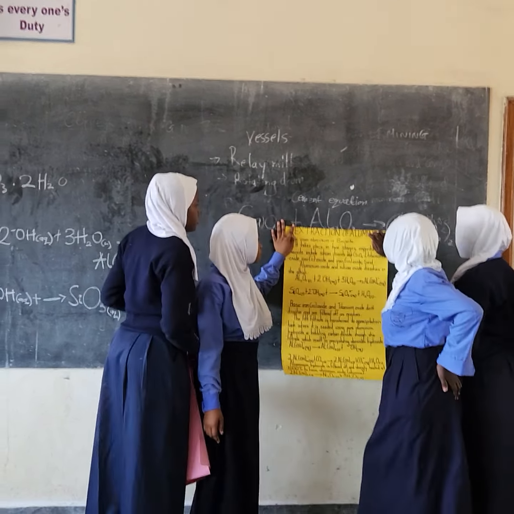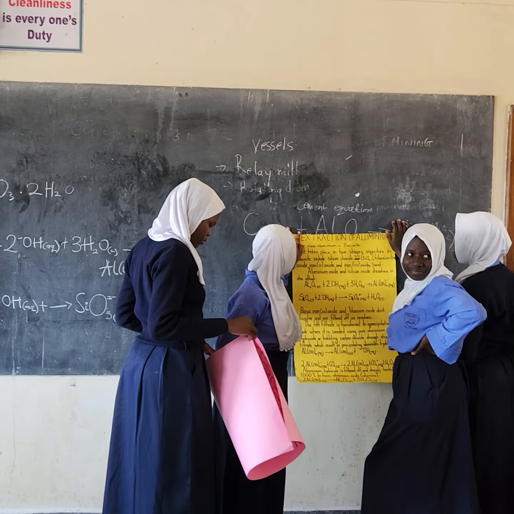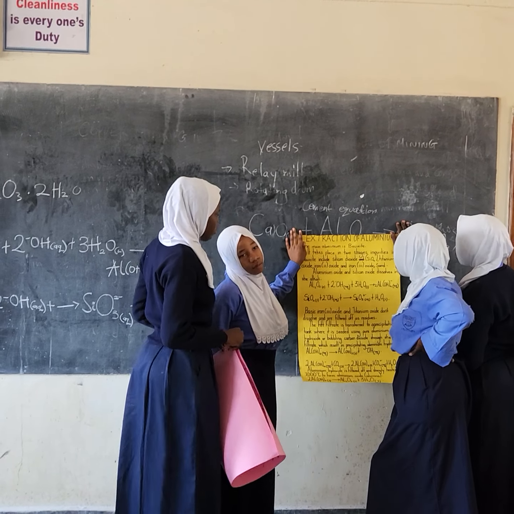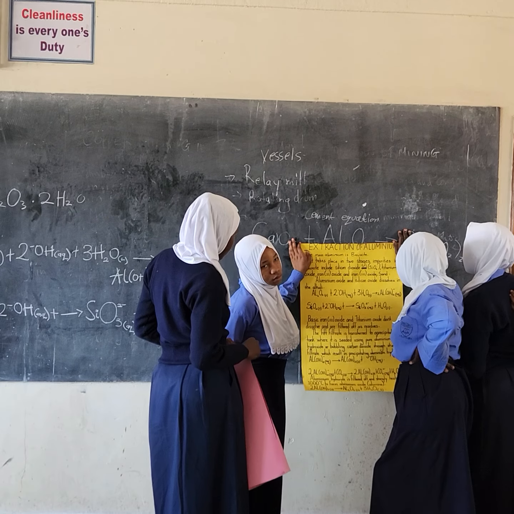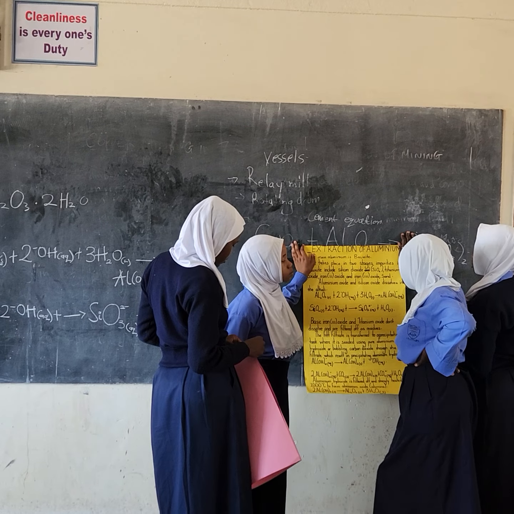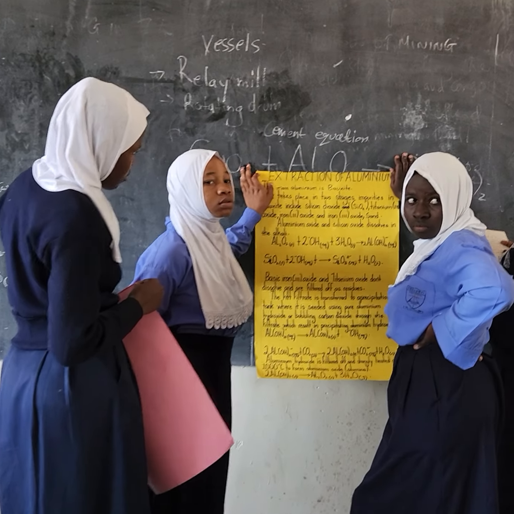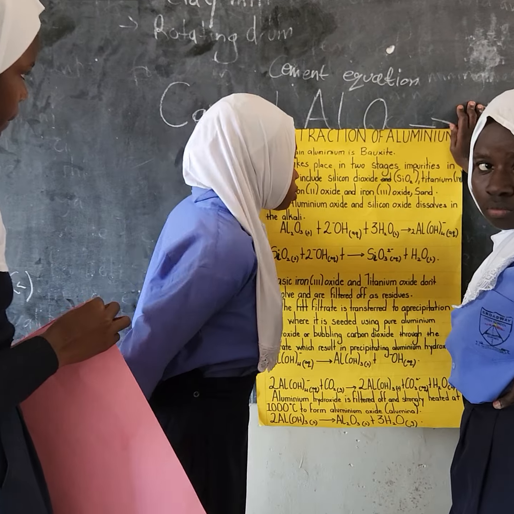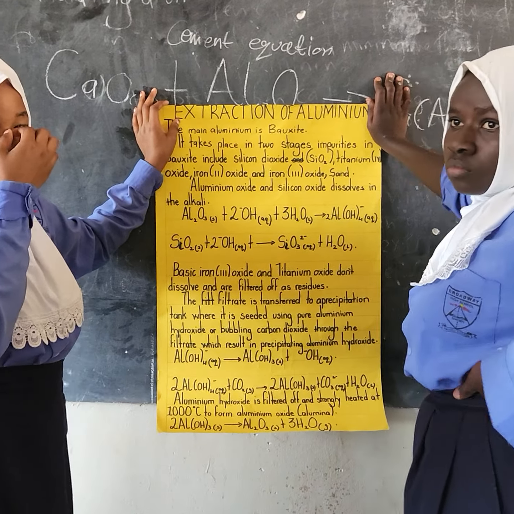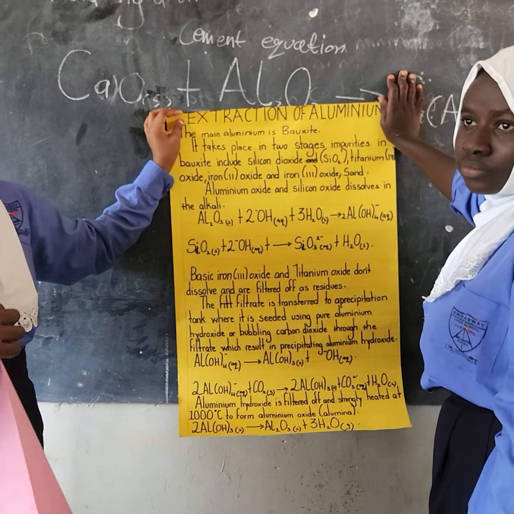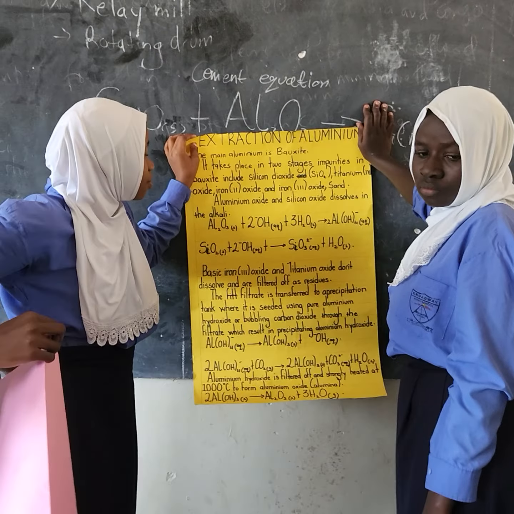This first stage is crushing the ore into fine particles and feeding that crushed ore into a concentration tank containing sodium hydroxide solution. That stage is the concentration stage. Stage 1 is the concentration stage. You write for us there: 1, concentration stage. Stage 2, extraction by electrolysis.